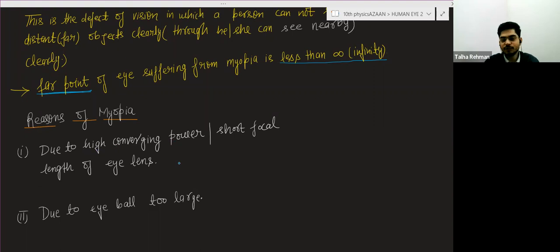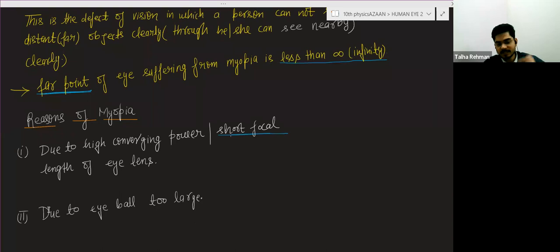Or you can say, due to some dysfunction of the ciliary muscles or ligaments, a short focal length of the eye lens will be there. Due to the short focal length, the power increases, the converging power increases from the normal value. So the convergence of the light rays takes place in front of the retina, which we will see. Basically this is due to the short focal length of the eye.